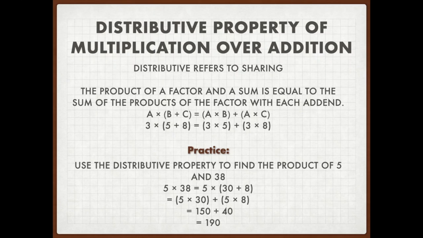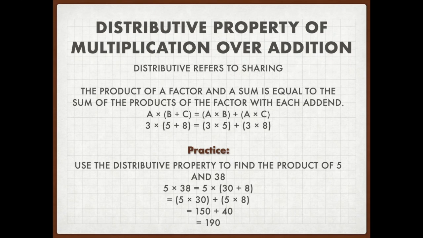Okay, so let's take a look at the numerical example. 3 times parentheses 5 plus 8. To rewrite this, I would say parentheses 3 times 5. Okay, I'm done with that part. But what about the 8? Plus, I go back to the 3 times 8. So that 3 will multiply by the 5, and then the 3 will multiply by the 8.